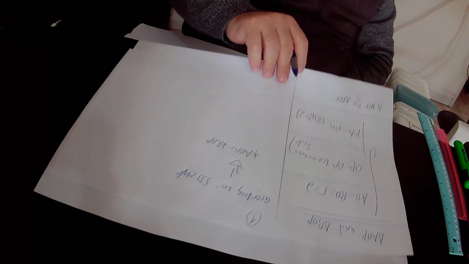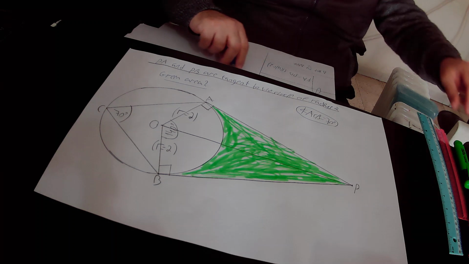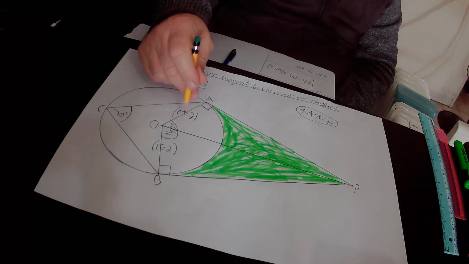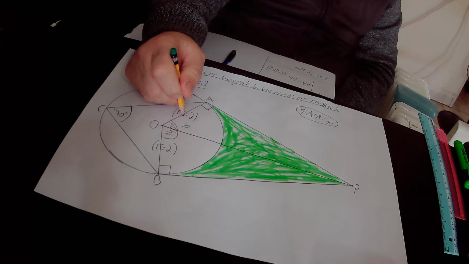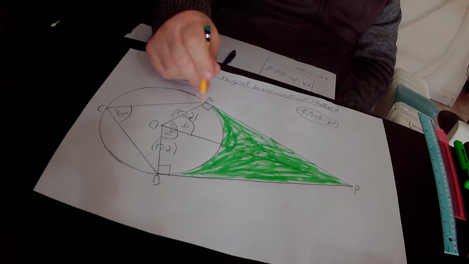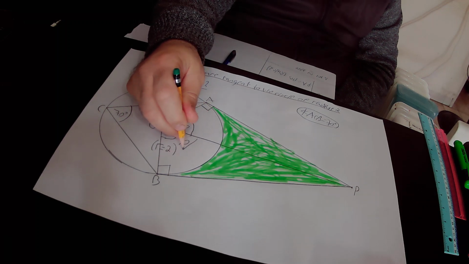So if we define one of those two angles as alpha, if this angle AOP equals alpha, then the other angle must also be equal to alpha because they are equal to each other.